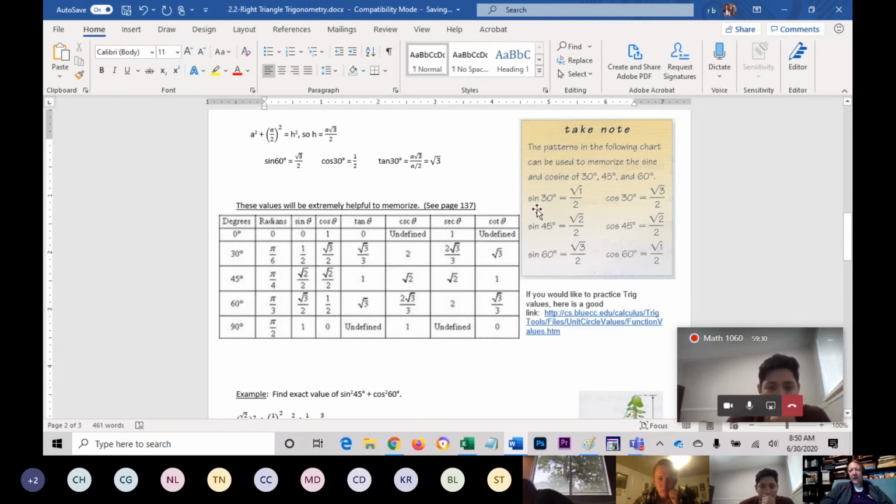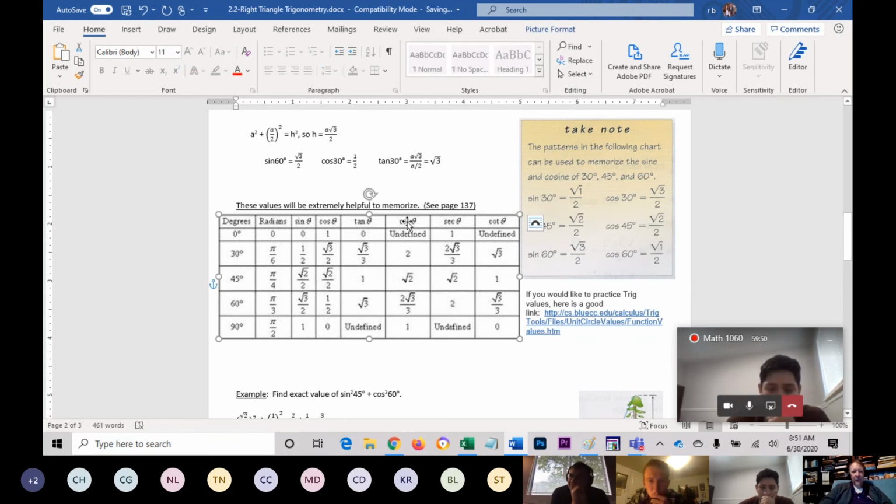So the sine of 30 is square root of 1 over 2. Sine of 45 is square root of 2 over 2. Sine of 60 is square root of 3 over 2. And then the cosine is just the opposite. So the cosine of 30 is square root of 3, square root of 2, square root of 1, all over 2.